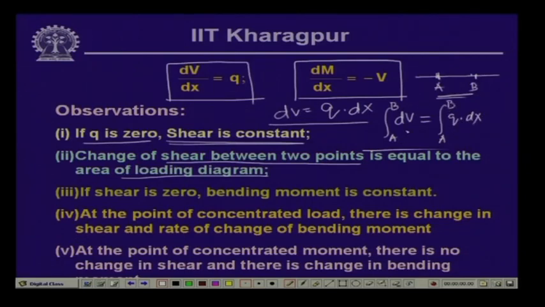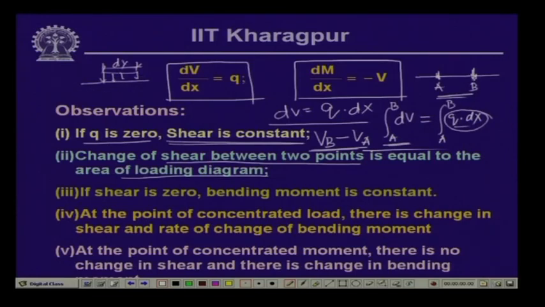Now, this gives us that integral dV from A to B is basically shear force at B minus shear force at A. So, the differential shear force between B and A is nothing but q dx, which represents the area of the loading. As you can see on the beam, when we have the distributed load, this is q, and over the length dx, this gives the area of the loading.